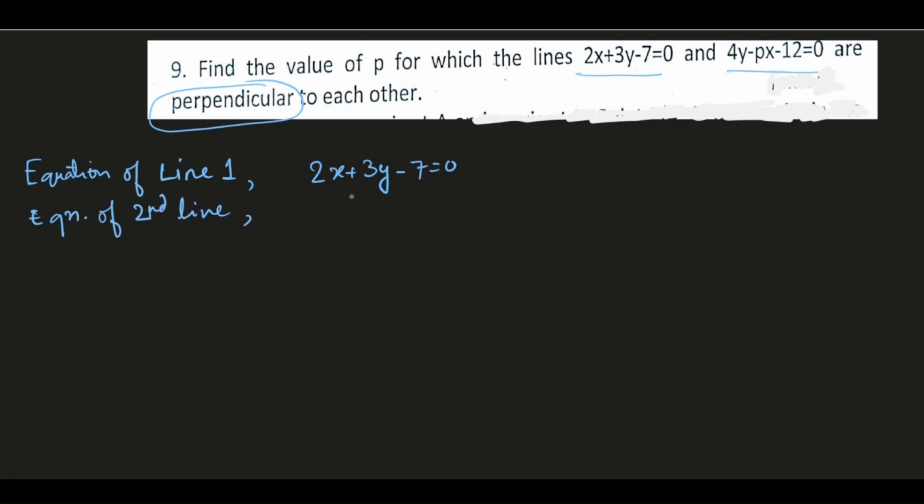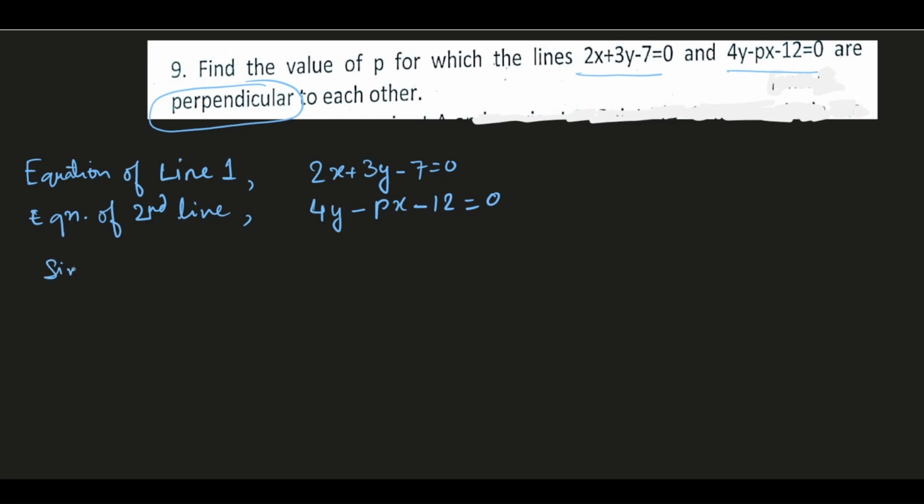So the equation of line 1 or first line is 2x plus 3y minus 7 is equal to 0, and the equation of the second line is 4y minus px minus 12 is equal to 0.